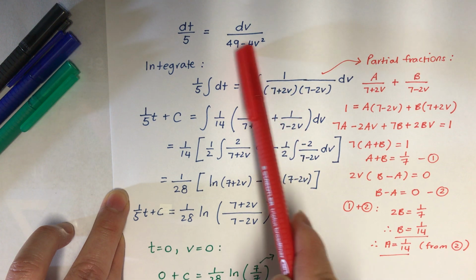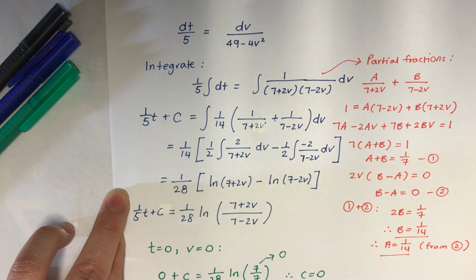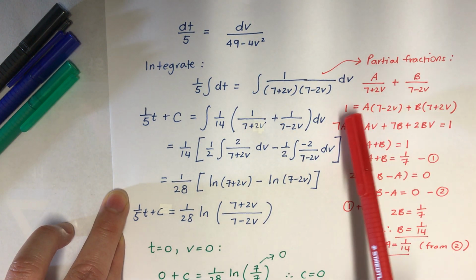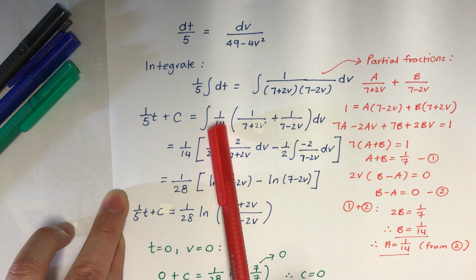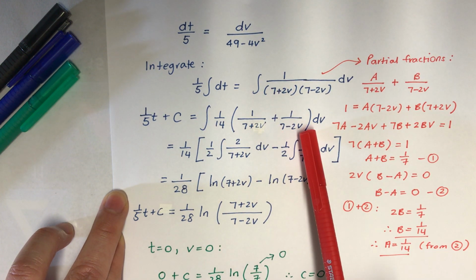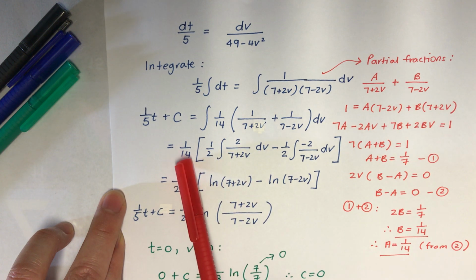So I factorize this because it is the difference of two squares, then put that into partial fraction form, and I'm trying to find the A and B, which is 1 over 14. So I'm going to take the 1 over 14 as my common constant and put that into the partial fraction form there.